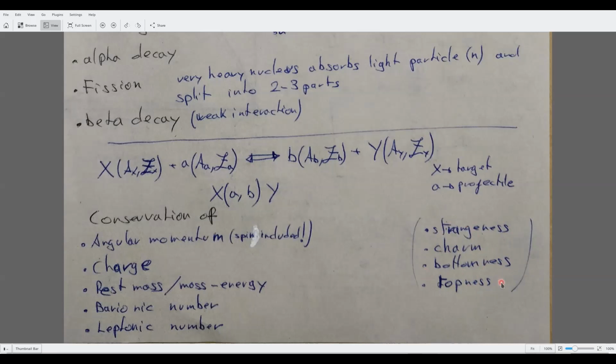They are not involved in our nuclear reaction, because mainly in protons and neutrons there are just up and down quarks. But the same, these characteristics also have to be conserved, and an antiparticle has the opposite of this number of the particle.